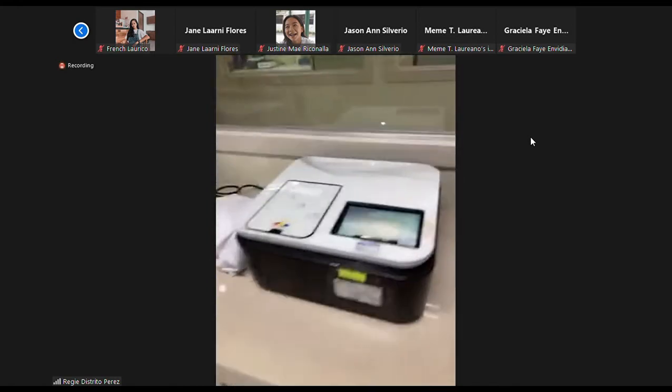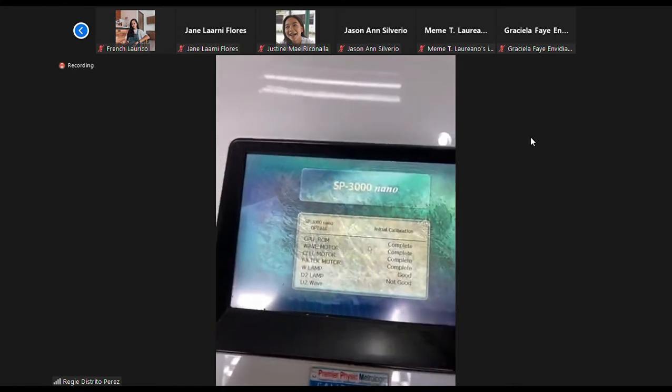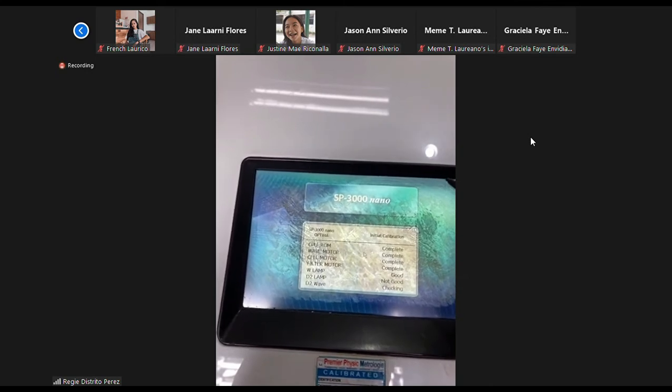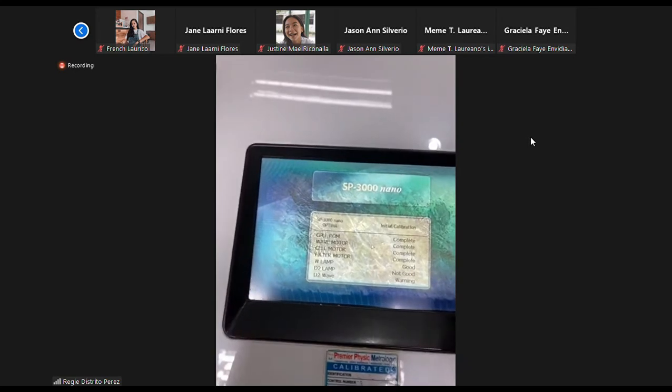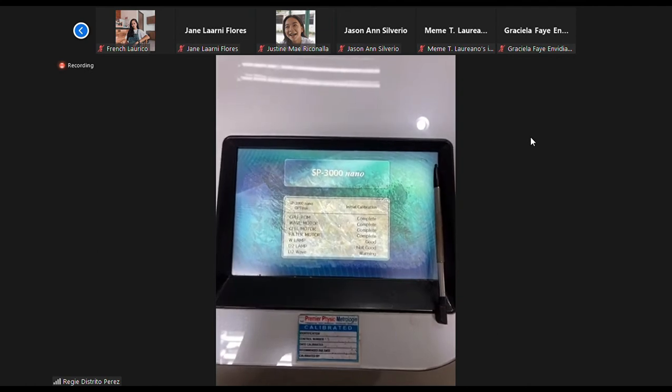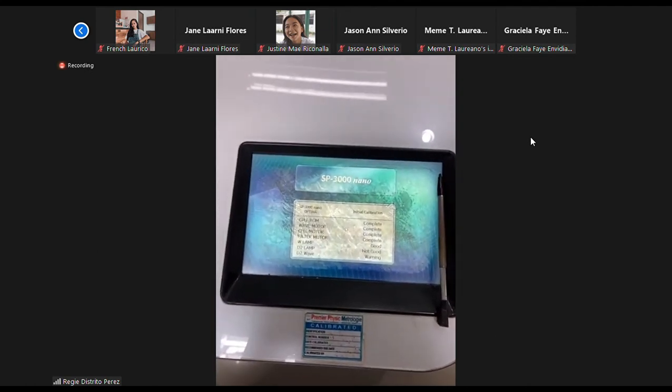And let's go back to the spectrophotometer. That is its setup. Okay, it's a touch screen, guys. Checking main features has been completed approximately.